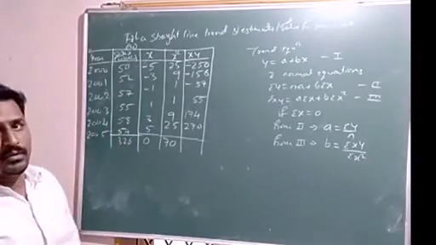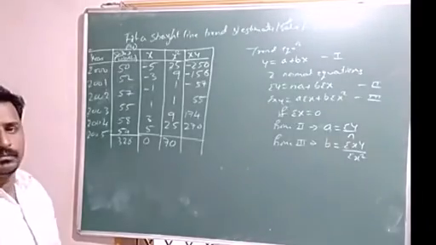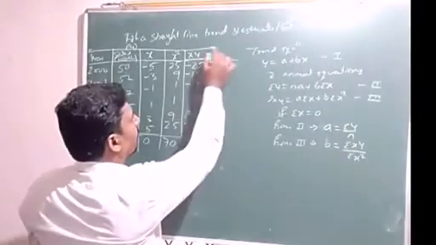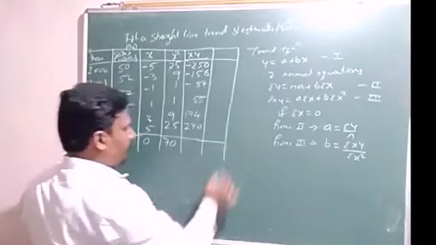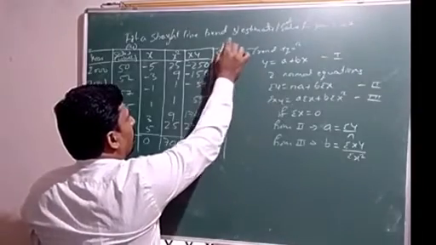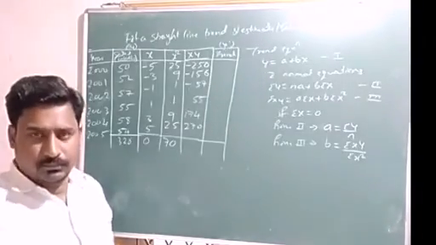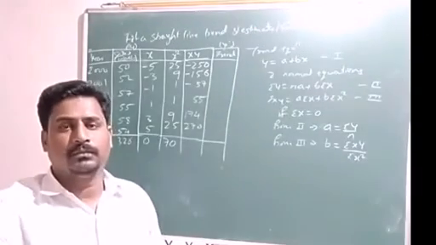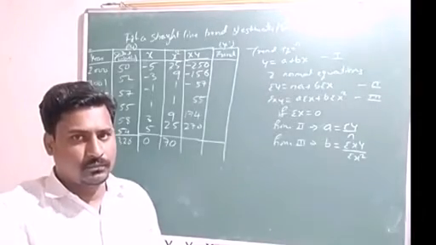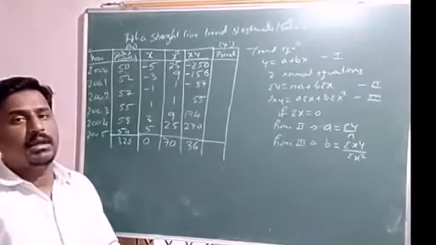The total of the y column is 326. So the xy total is 36.